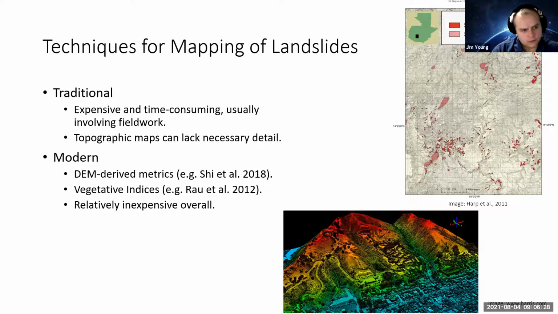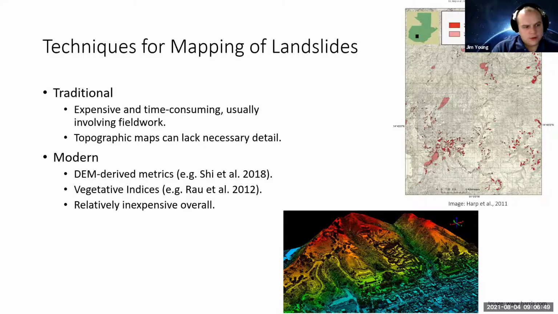And then more recently, there's been more focus on computer-based mapping, and computer-based mapping revolves around DEM-derived metrics such as curvature or roughness, and then vegetative indices such as NDVI and things like that.